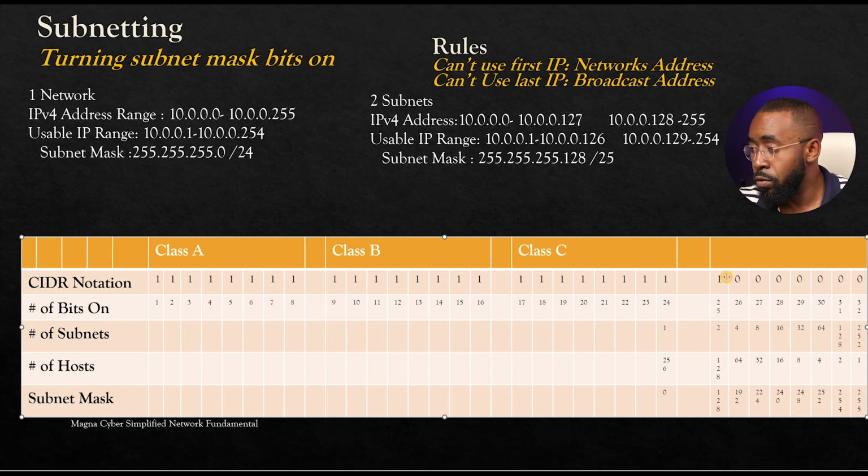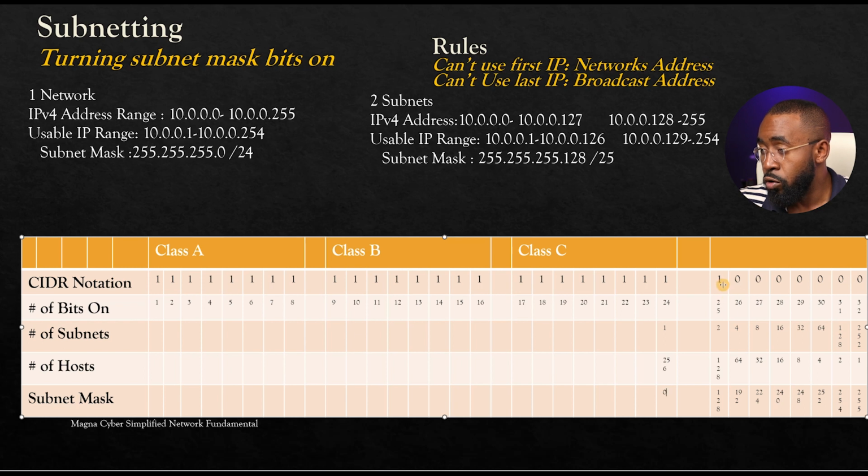The minute that I do that, I turn one bit on, I double the number of subnets that I have. And this cheat sheet here tells you what you have. When you had 24 bits on, you had 1 subnet, and you had 256 IP addresses, and you had your subnet mask in the last octet 0.